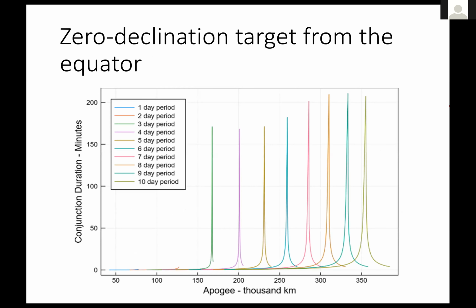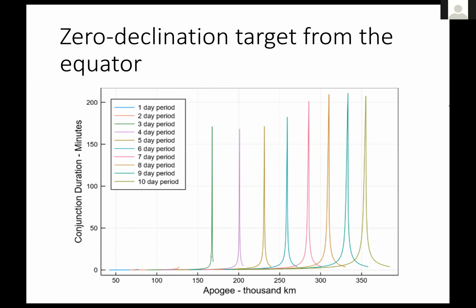Here is a simulation of a target at zero declination seen from an observatory at the equator, and some possible orbits with different periods. Each of the different colors is a different period, and you can see in the legend on the left how long they last. This one on the right would be for 10 days, so it would come to the target every 10 days. The vertical axis is how long it would remain within that 35 arcsecond field of view.